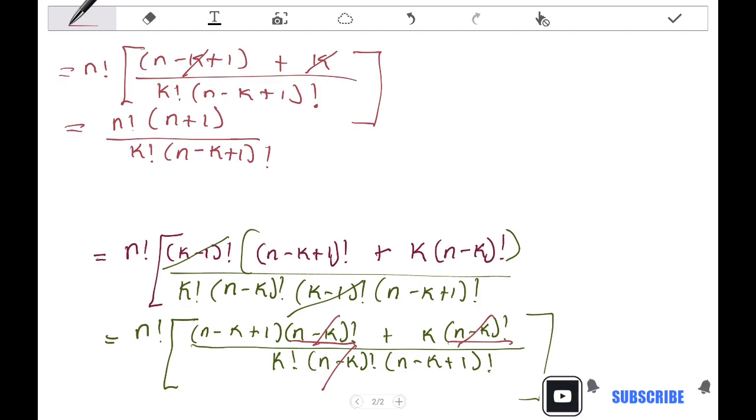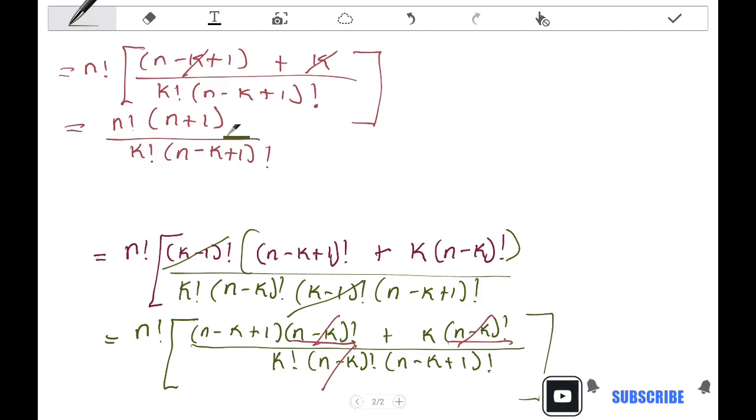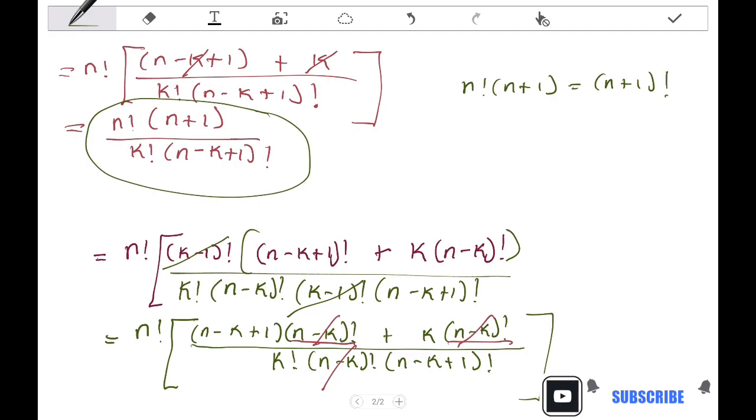So you can relate this to something else, because at the beginning, as I told you, we are going to consider the definition and then the identities. This is one of the definitions. n factorial multiplied by n plus 1 is the same as n plus 1 factorial, because I told you that n plus 1 factorial is the same as n plus 1 multiplied by n factorial. So we can replace the numerator there by n plus 1 factorial.